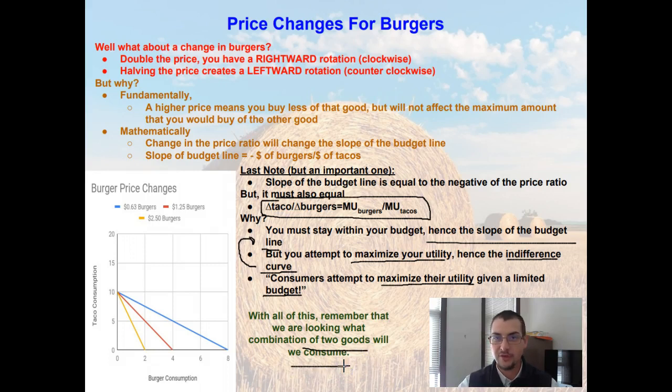Throughout all of this, in the fancy equations, fancy math, we're simply looking at, if we have a choice between tacos and hamburgers or a combination of both, what is the combination that we are going to choose as a consumer, given our limited budget, knowing that we're trying to maximize our satisfaction?